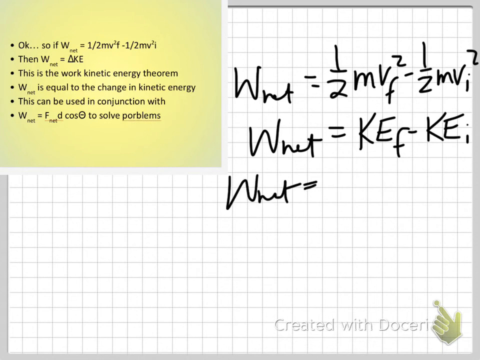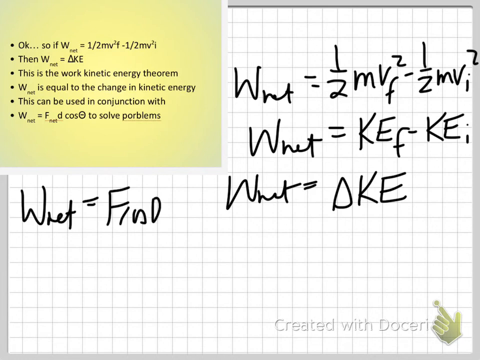So the net work is equal to delta KE. Now, you also know that net work equals F cosine theta d. Do you see what's coming?